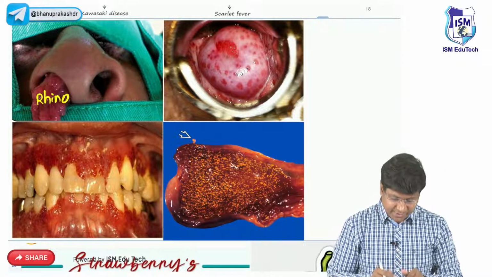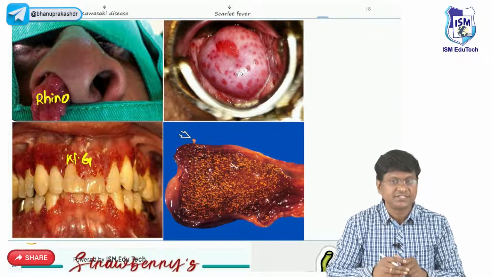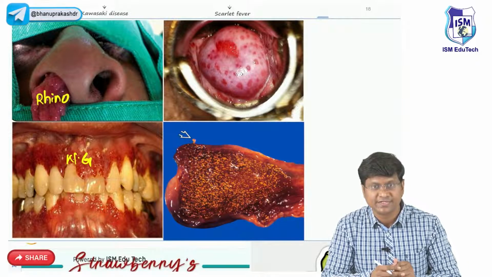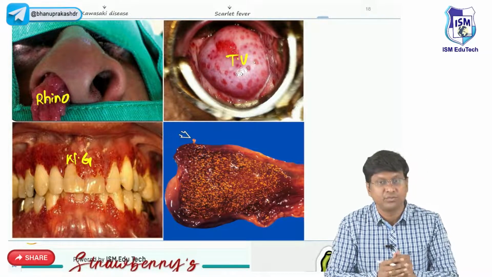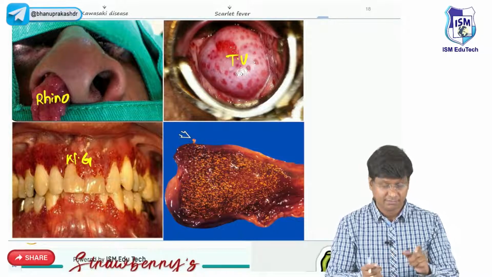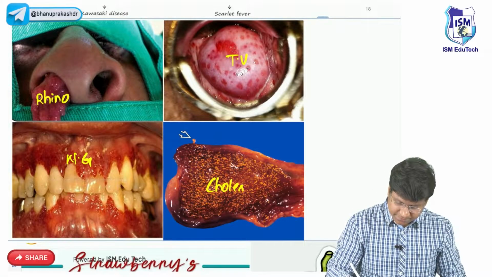The strawberry gingiva is present in Wegener's granulomatosis, or granulomatosis with angiitis. Strawberry cervix is present in Trichomonas vaginalis. And strawberry gallbladder is present in cholesterolosis.